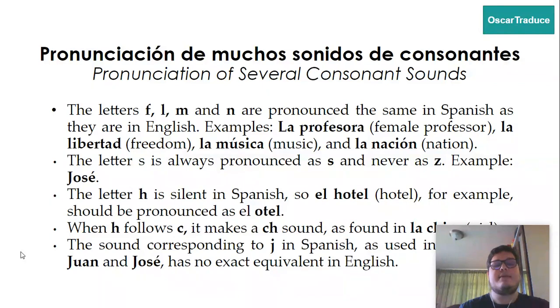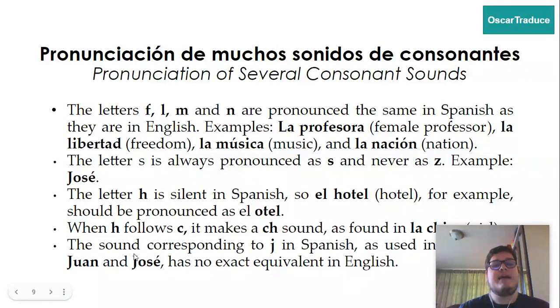The letter S is always pronounced as S and never as Z. Example, José. The letter H is silent in Spanish, so when we say el hotel, we don't pronounce the letter H. We just start with the letter O, hotel.